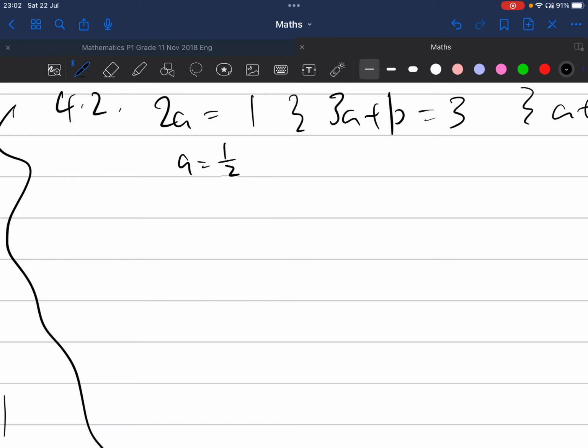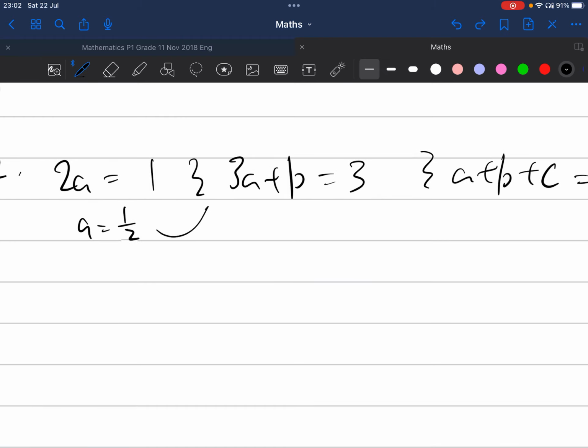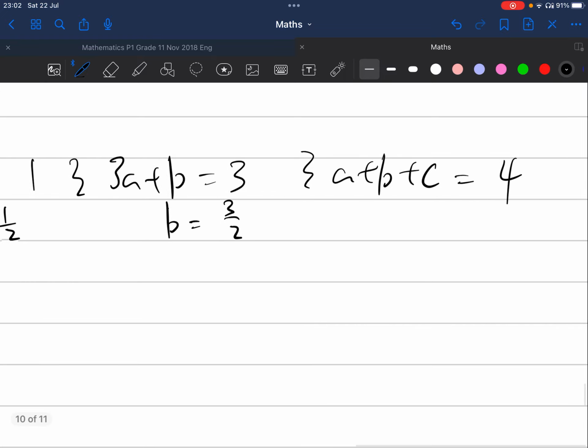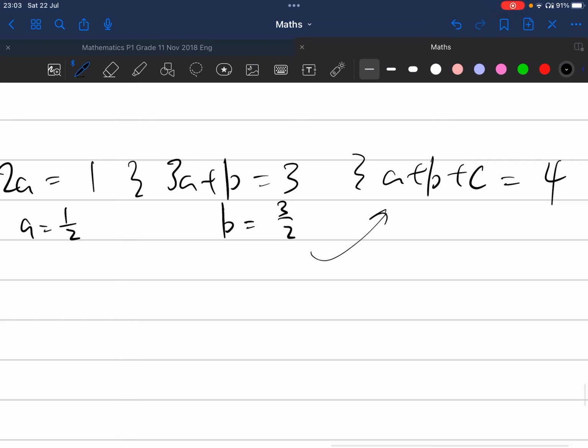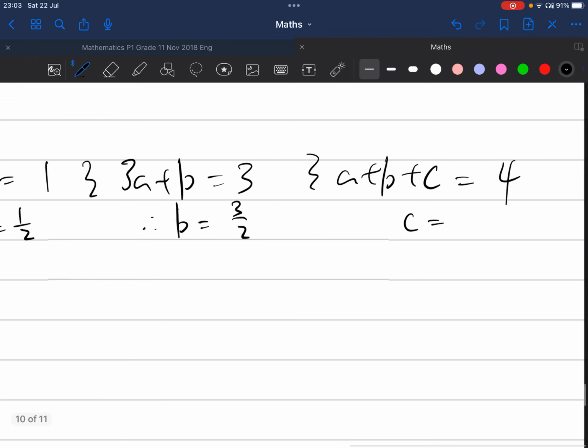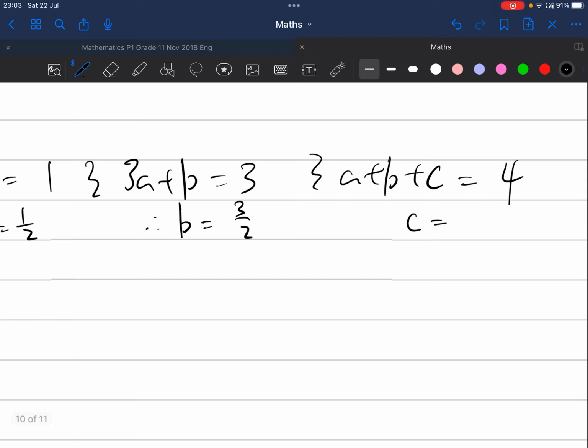Now I can take that half and substitute it in here. So 3 times a half is 3 over 2, and then 3 minus 3 over 2 is 3 over 2. Then I can take a and b and substitute them in here to get c. So c equals 3 over 2 plus 1 over 2, and then 4 minus that is 2.